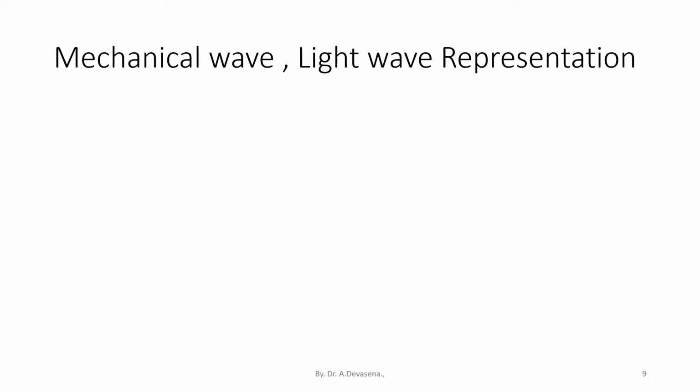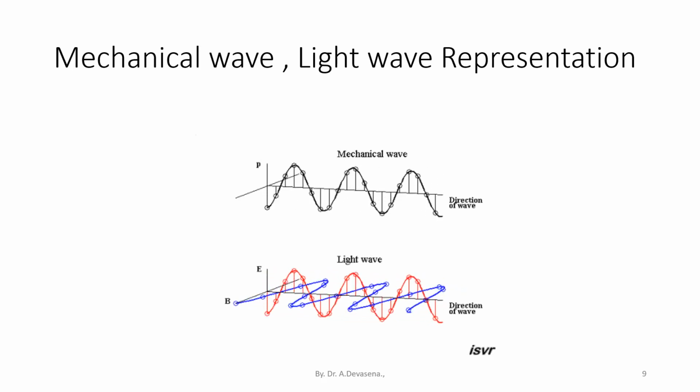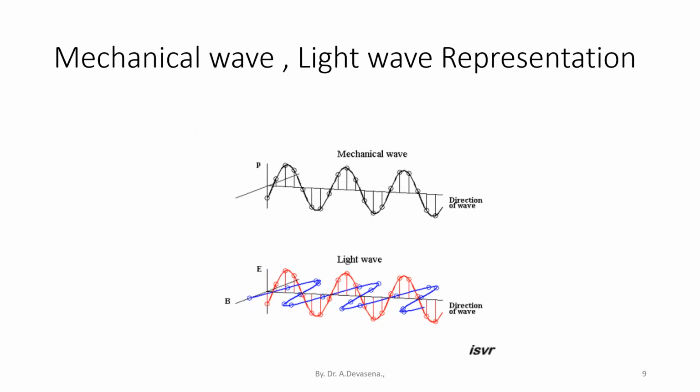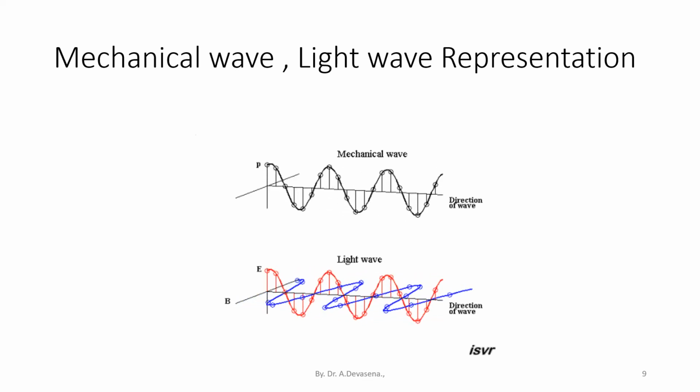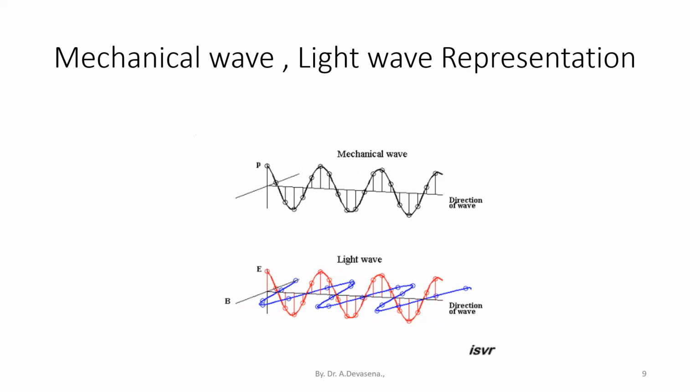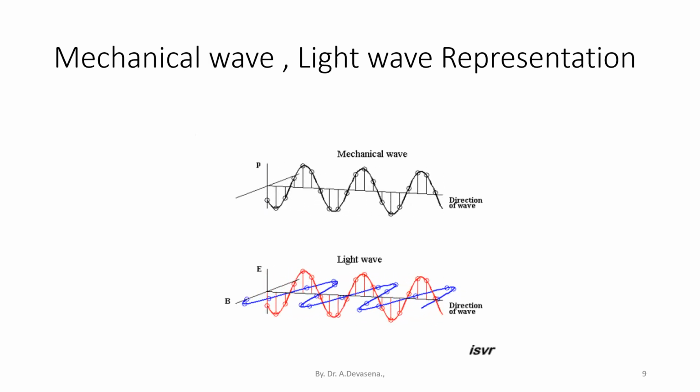The mechanical wave and light wave representation is shown here. This is the representation of the light wave and mechanical wave. As we already know, a light wave is an example of an electromagnetic wave.